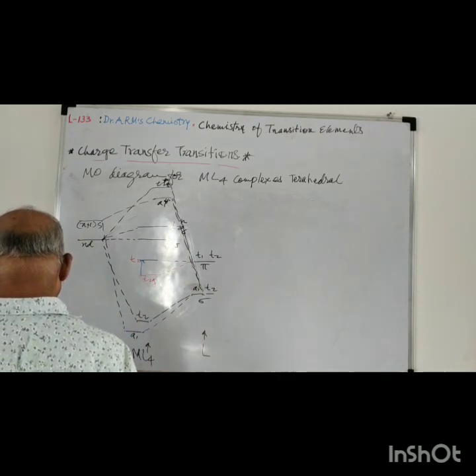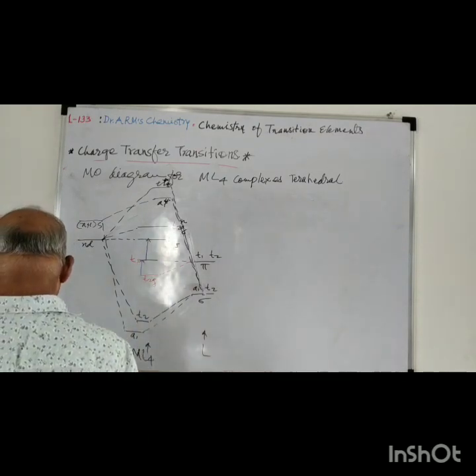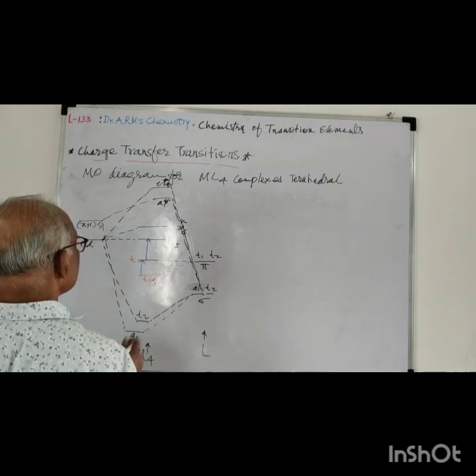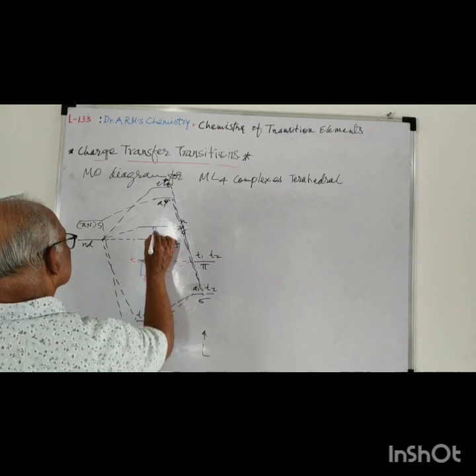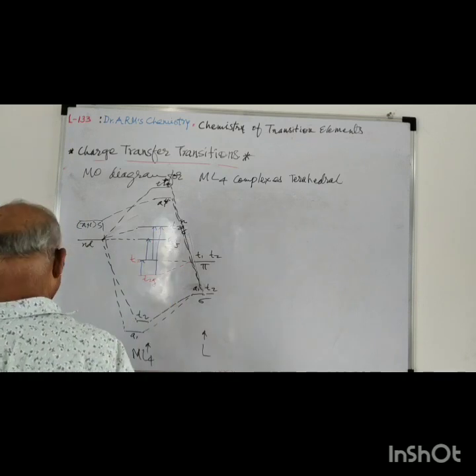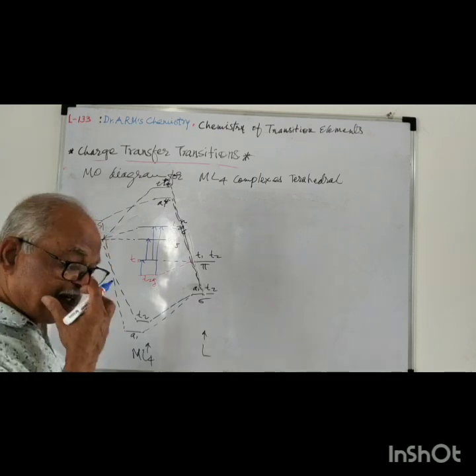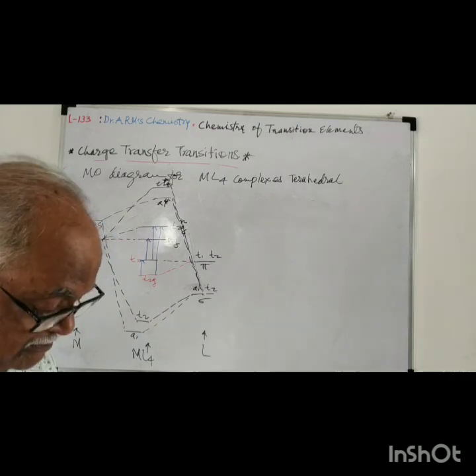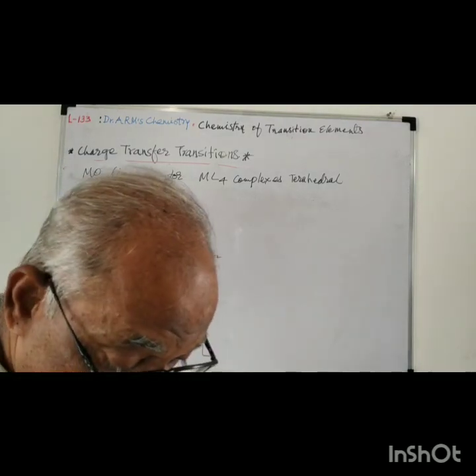Then T1 to Eg, T1 to T2G, and this T2G to non-bonding T2G. So such types of transitions are also observed in various tetrahedral complexes. So you will have these observations here. So we will show these examples.